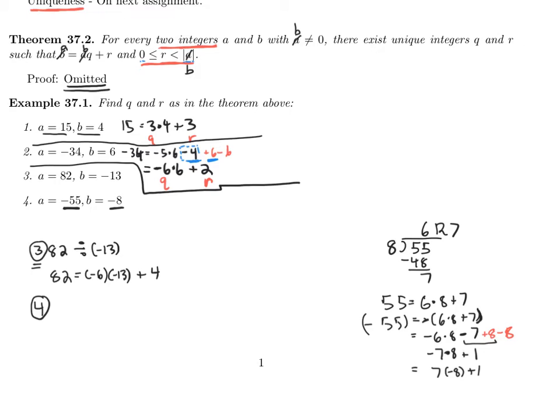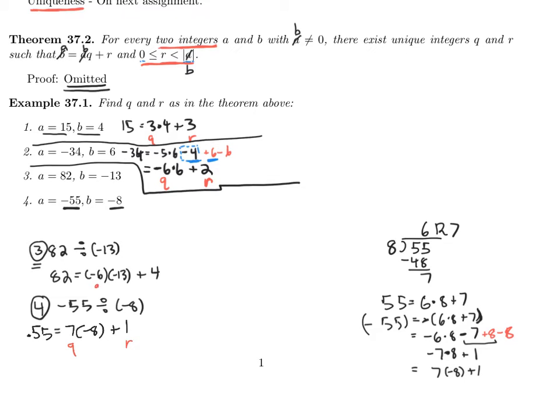So here we have that negative 55 divided by negative 8 gives us the following expression. Negative 55 equals 7 times negative 8 plus 1. So the quotient is 7, and the remainder is indeed 1.